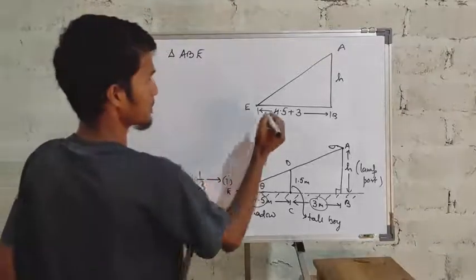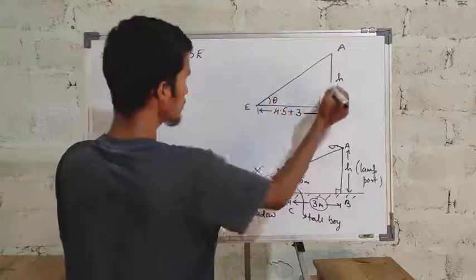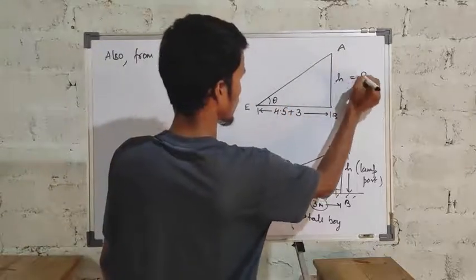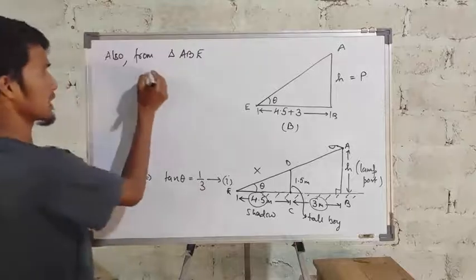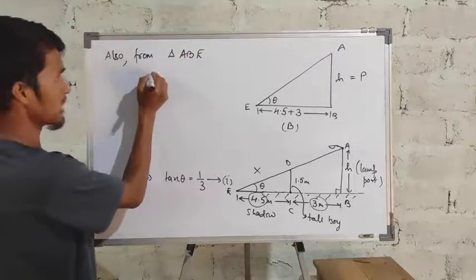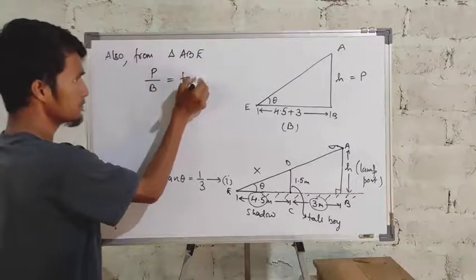Okay, now again, this angle is theta. And again, this will be perpendicular, then this will be base. And again, we'll use here the relation between P by B. Then P by B is equal to tan theta.